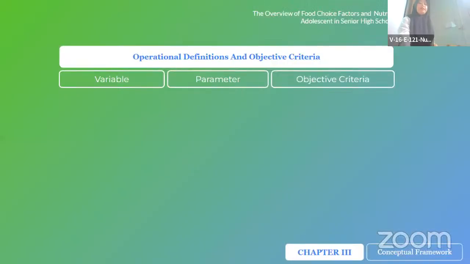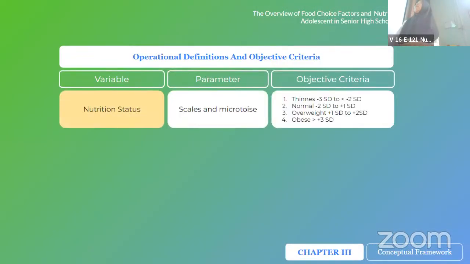So for the operational definition and objective criteria, the first one is nutritional status. The parameter that we use is height and weight, using the anthropometry method. And the objective criteria, the first is thinness, which has the -3 over to standard deviation, as has been seen on the screen.